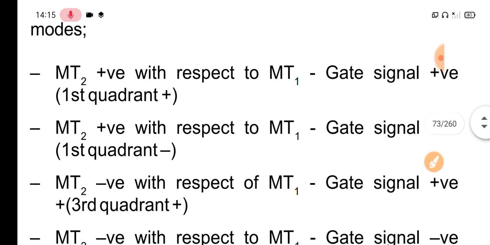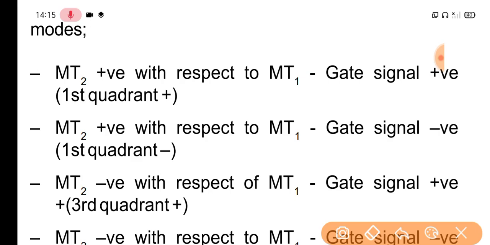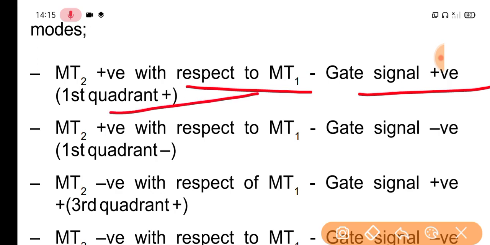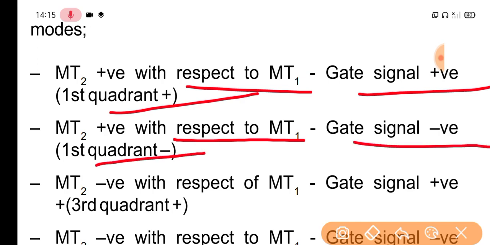MT2 positive with respect to MT1, gate signal positive, first quadrant plus. MT2 positive with respect to MT1, gate signal negative, first quadrant minus. MT2 negative with respect to MT1, gate signal positive, third quadrant plus.